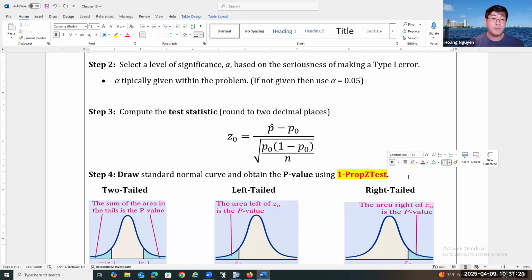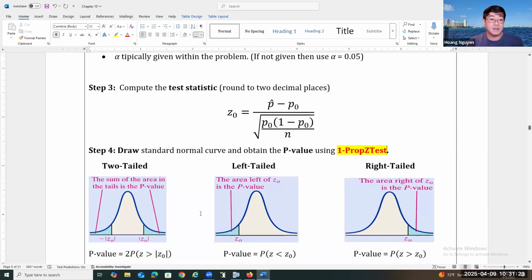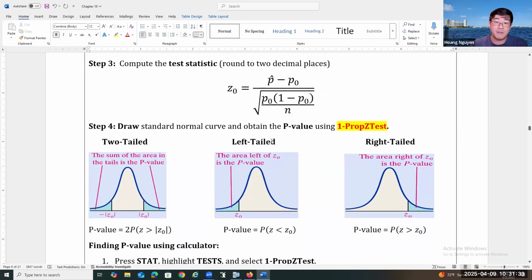If we have a two-tailed test, then the p-value is equal to 2 times the probability that z is more than the absolute value of z0, the test statistic. If we have a left-tailed test, then the p-value is equal to the probability that z is less than z0.